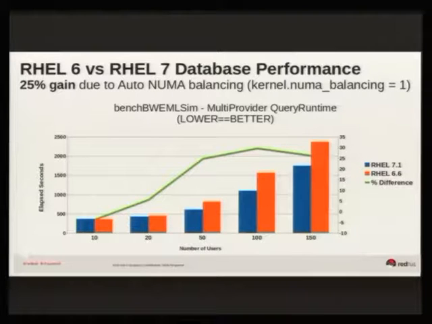This was a set of the Bench BWEML, a SAP application, and by having AutoNUMA set, since this particular vendor never wanted to do manual pinning, the bars are the performance, and the line going through, on the right-hand side, is the percentage gain. So you can get substantial gains.